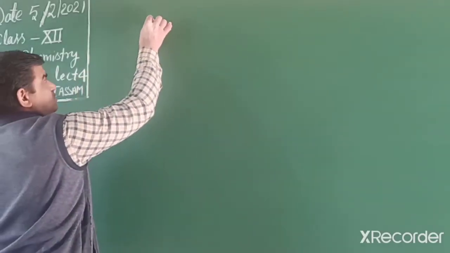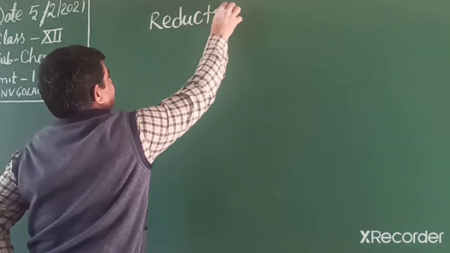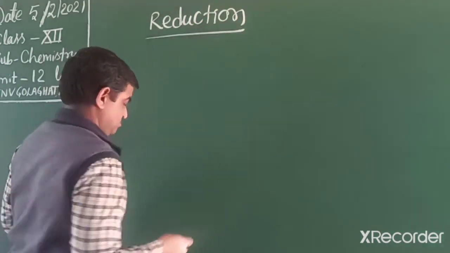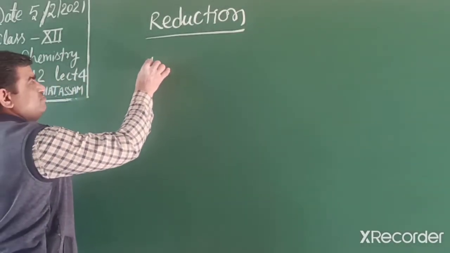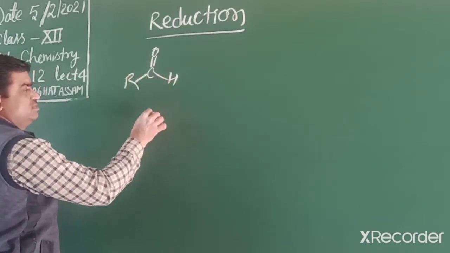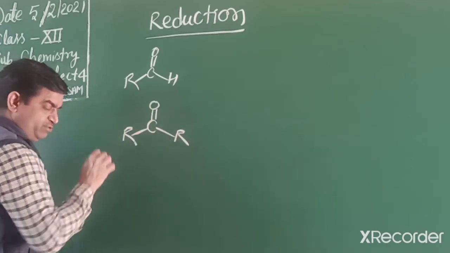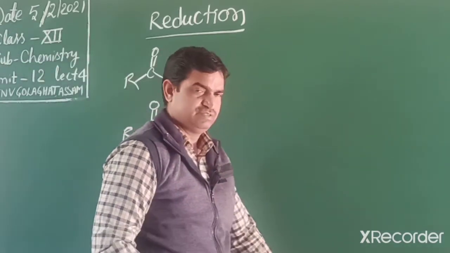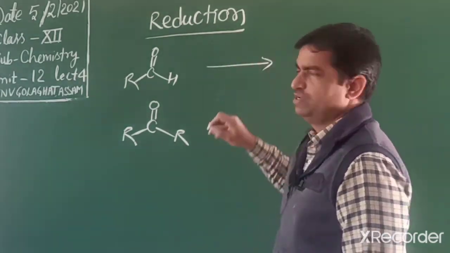Next reaction is reduction. When we reduce aldehydes and ketones, we get different products, and we already studied this reaction in the alcohol chapter.